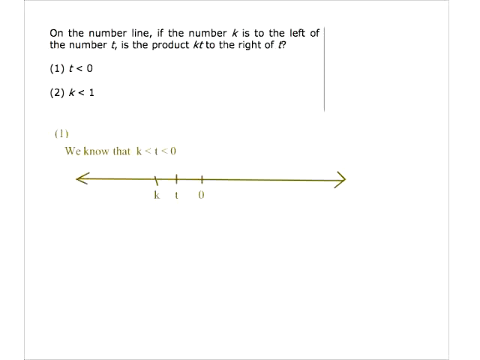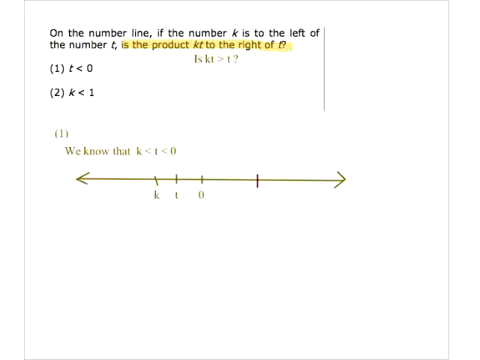I know that's vague, but you're right. But this product that we're looking at, not about k and t in particular. There you go. KT has to be, well, a lot of you guys are throwing a lot of inequalities at me. KT is positive because k is negative and t is negative, so negative times negative is positive.